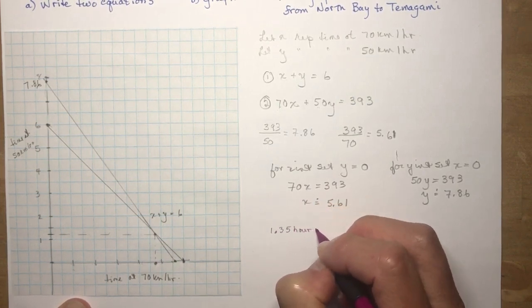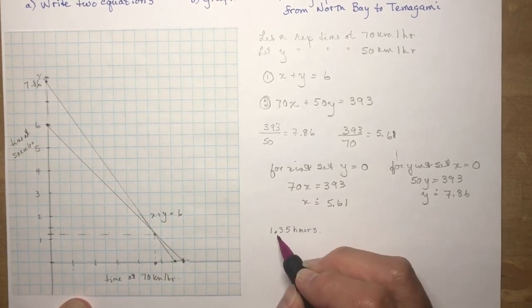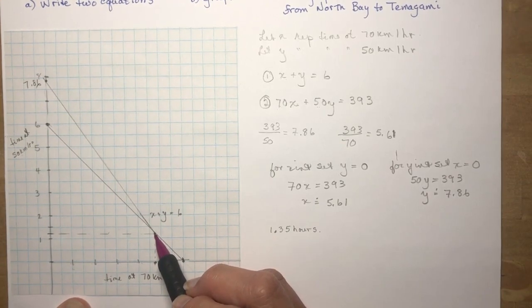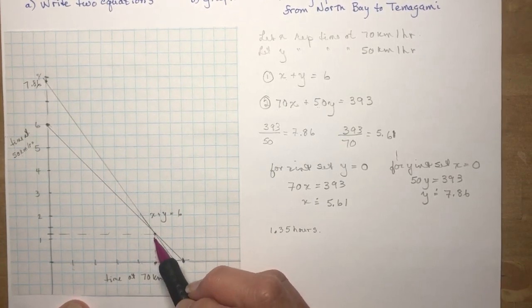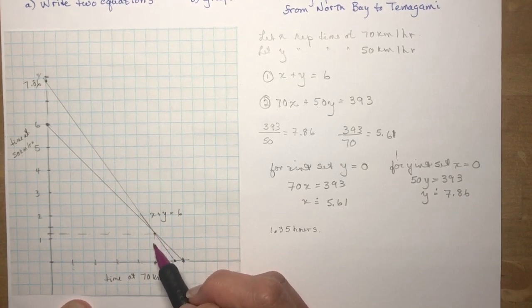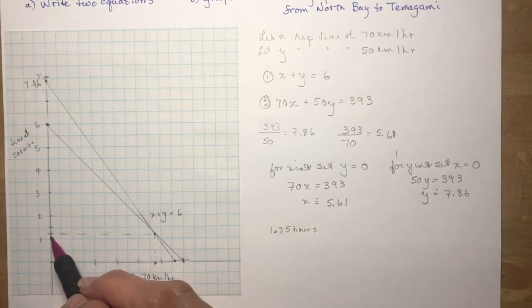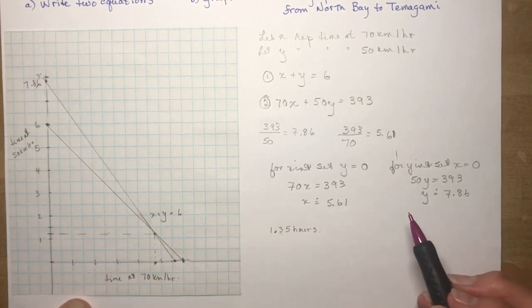Now, I don't think whoever wrote your textbook actually estimated that from a graph. I think they probably used a different system. They probably solved using elimination or substitution to get such an accurate amount of time. Because I can't read that as 1.35, can you?